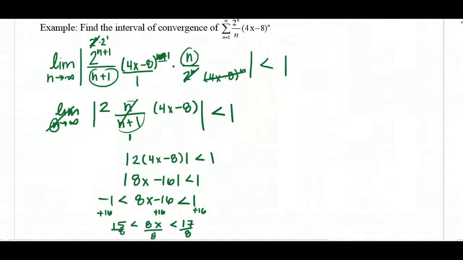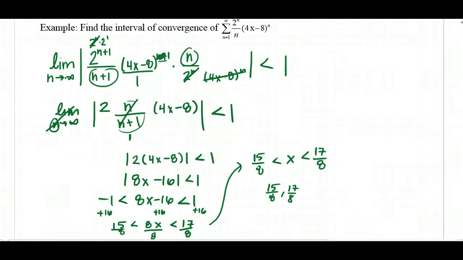Sorry, I ran out of space here, so we'll move it up over here. So 15 over 8 is less than x is less than 17 over 8. My possibilities for an interval of convergence are 15 over 8 to 17 over 8 with either parentheses or brackets around either side of these two numbers.